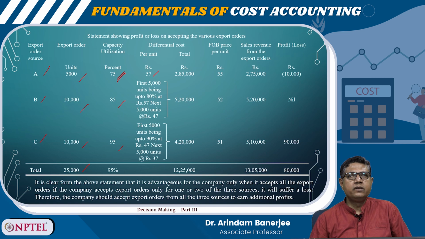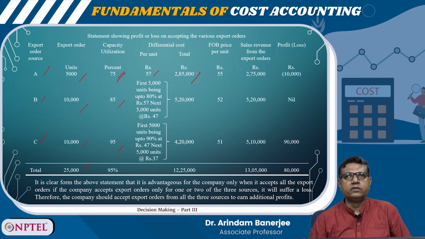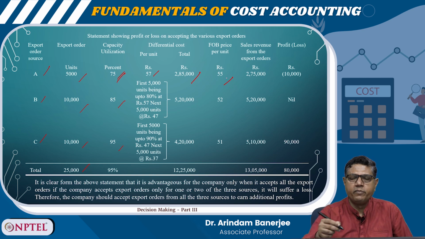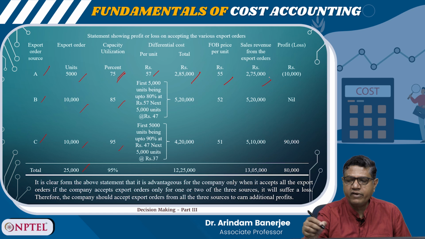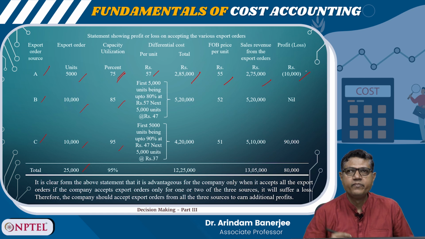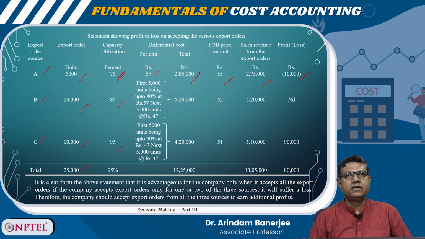And the total, if you calculate the amount, the differential cost is 2,85,000. So, the FOB price per unit is 55, so the sales revenue from the export order is 2,75,000. So, there is a loss: 2,85,000 is the cost, 2,75,000 is my incremental revenue. So, my loss is 10,000 rupees, right.